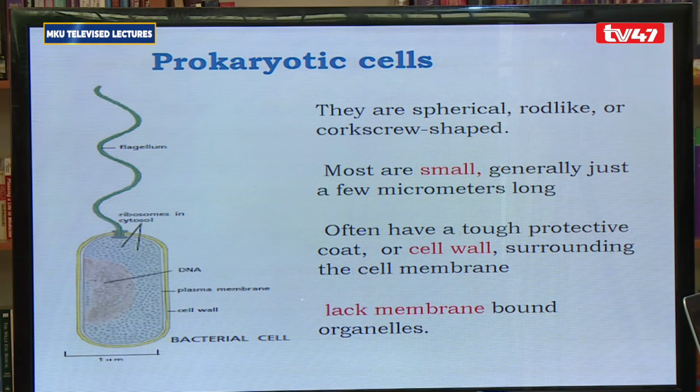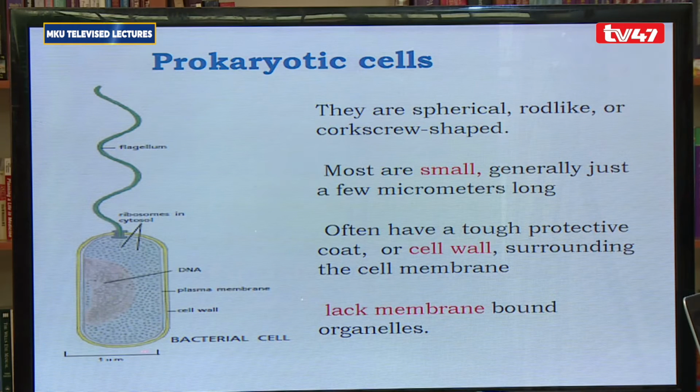So what are some of the properties of prokaryotic cells? One is that they are spherical, rod-like, or corkscrew shaped. They are small, like I had stated, very small. They often have a tough protective cell wall. As you can see, there is a cell wall covering the cell. And then, like we had said earlier, they lack membrane-bound organelles.